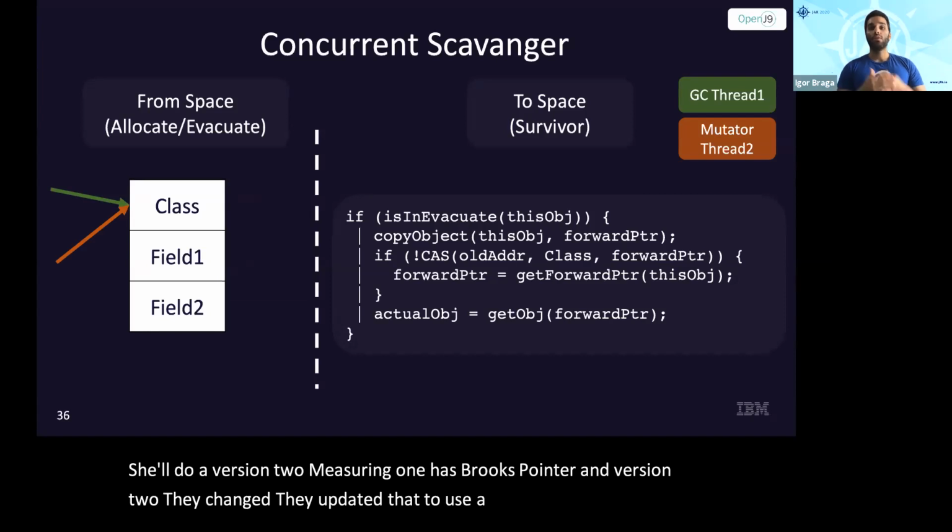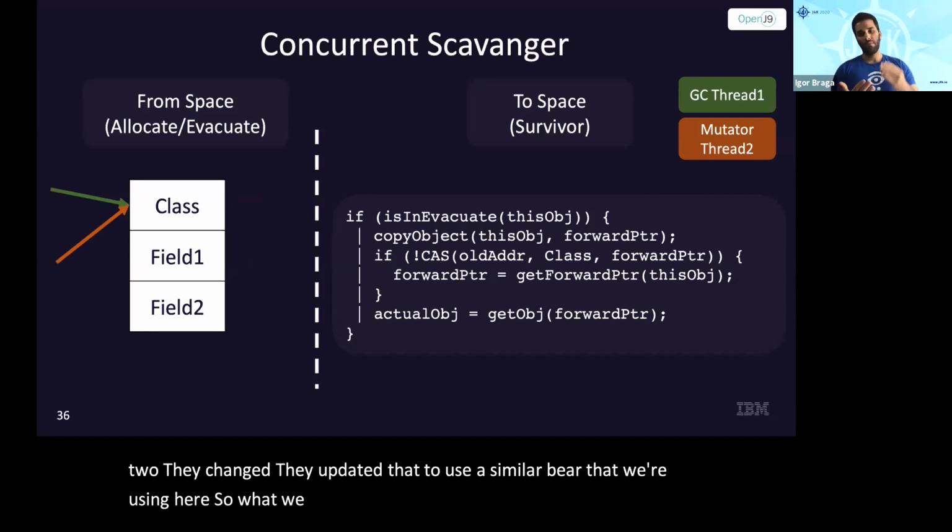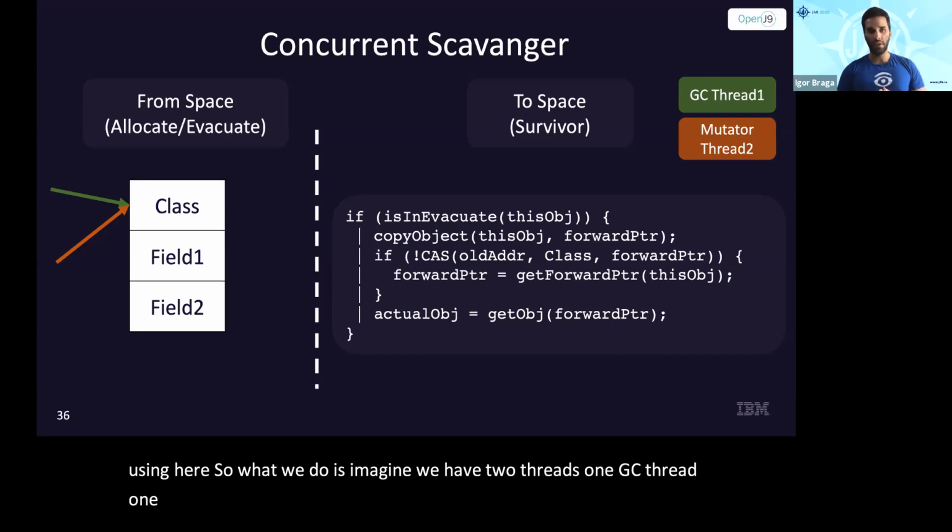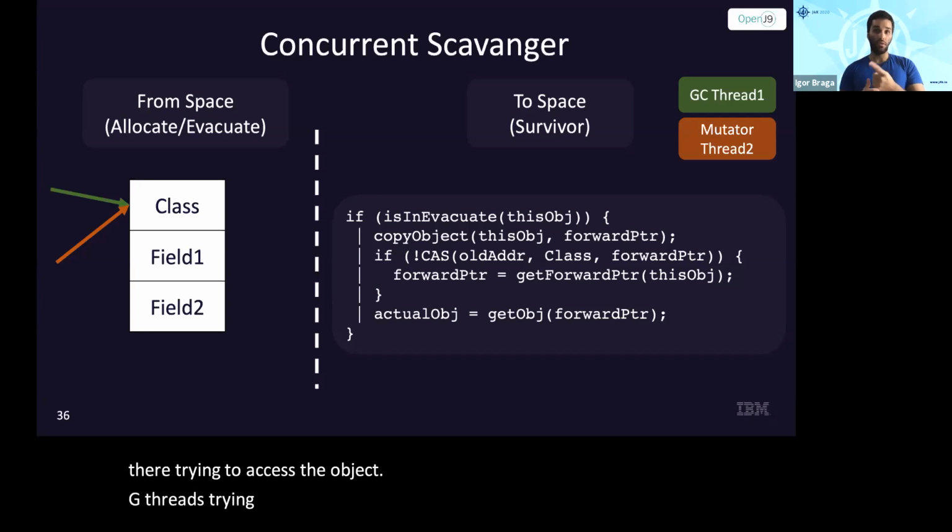So what we do is, imagine we have two threads, one GC thread, one application thread, which is the mutator thread here, and they are trying to access the object. The GC thread is trying to copy that object to to-space, and the mutator thread is trying to access that object.